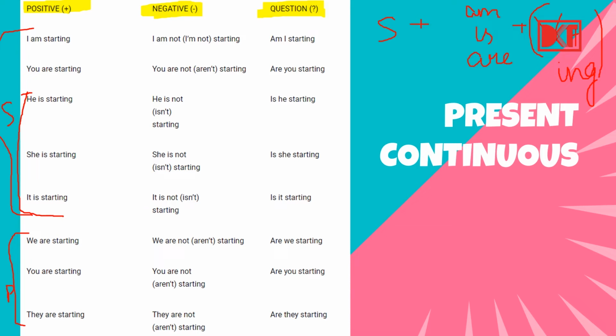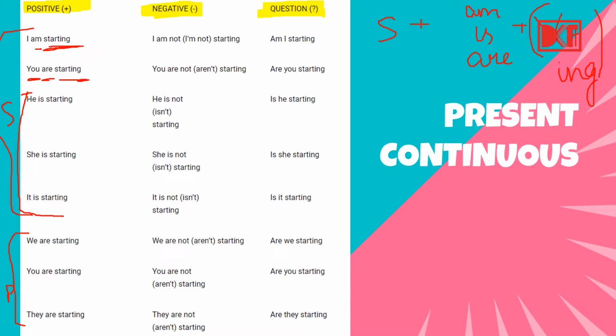Alright, so let's see. In the positive first person, we start with I am, right, and then the verb is start plus ing. Am is used with I. Then for the second person, you, and what is used? Are, and the verb start plus ing. You are starting.